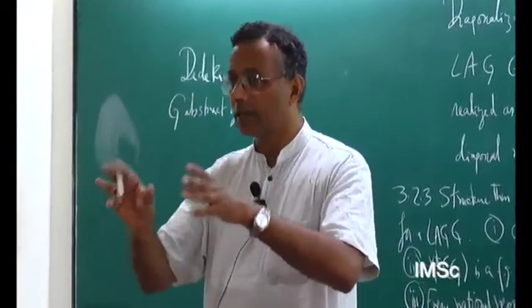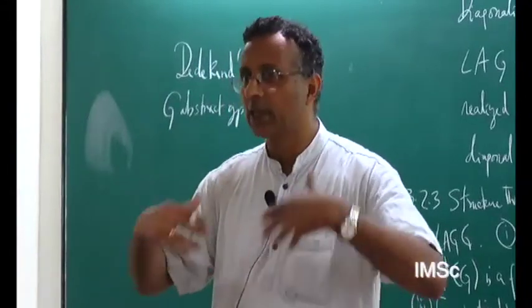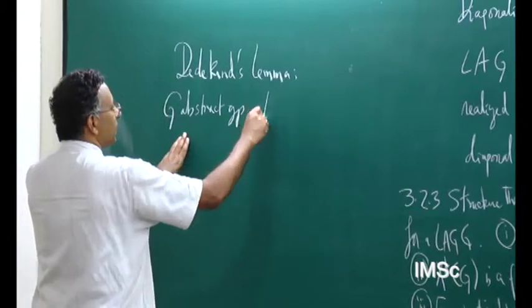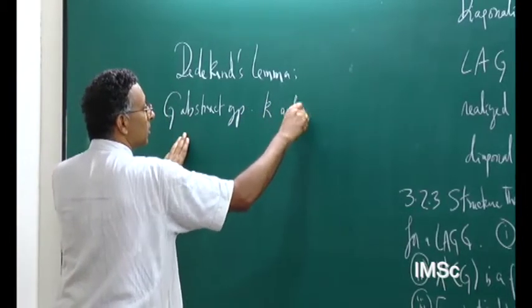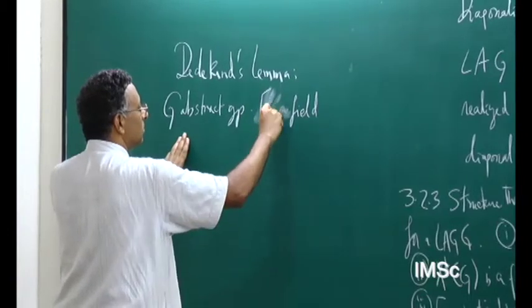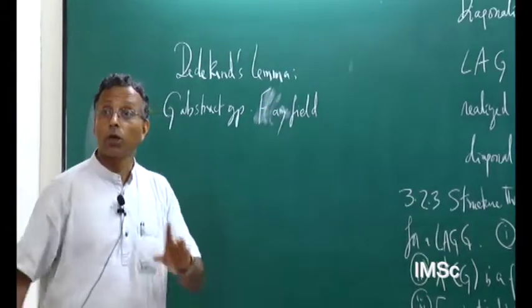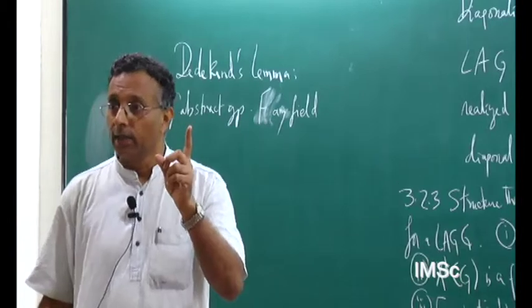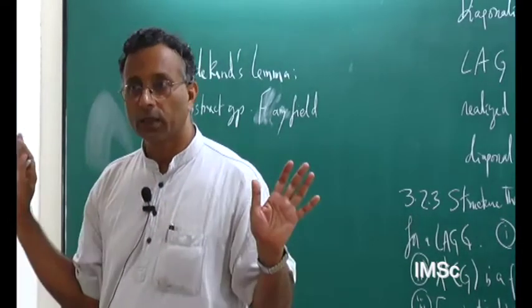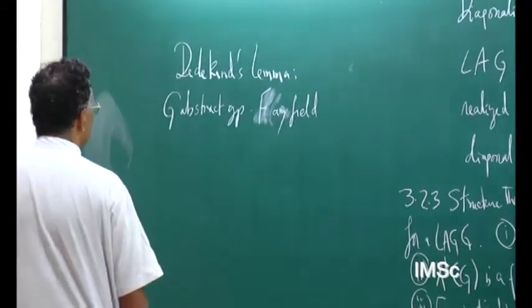You're just thinking of it as a set with a group structure. G abstract group, F any field, because our field K is assumed throughout to be algebraically closed. Right now, I'm making no such assumption.